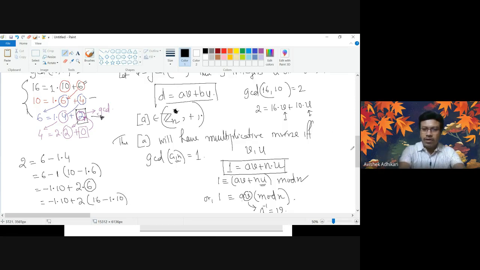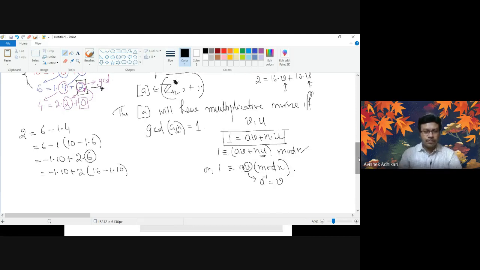So here 2 into 16, and this is minus 2 into 10, and here minus 3 into 10. You can check: this is 30 and this is 32, so this is 2.